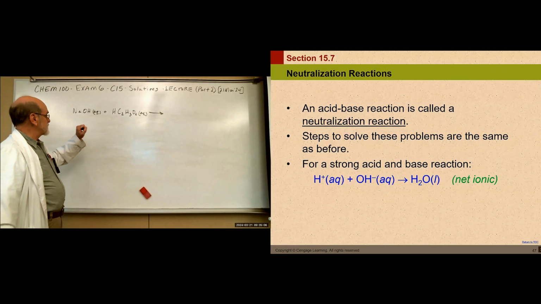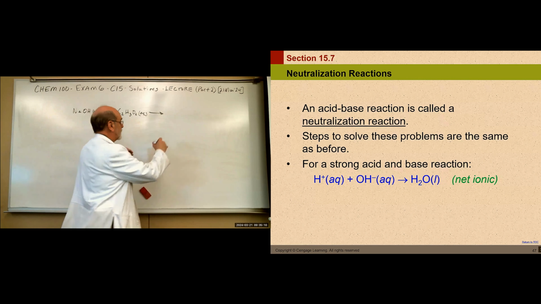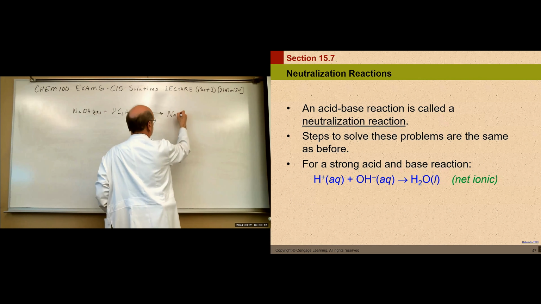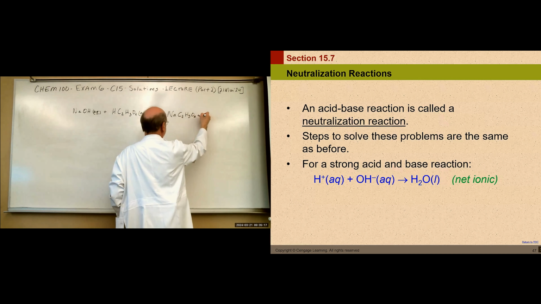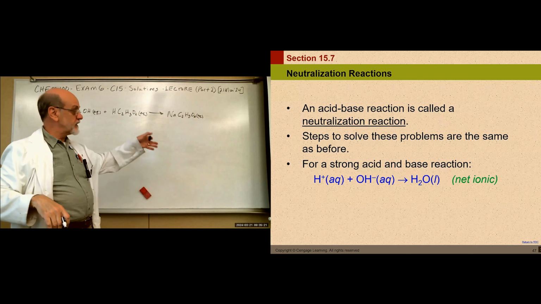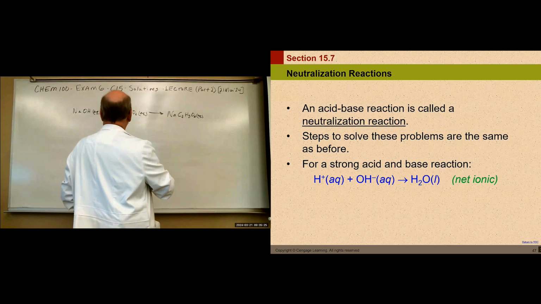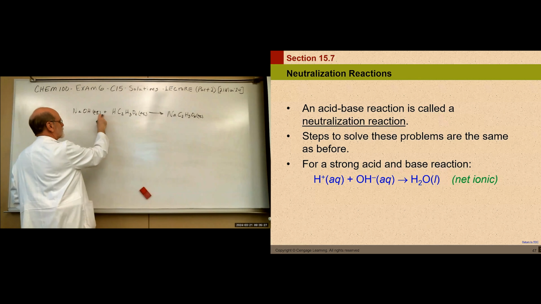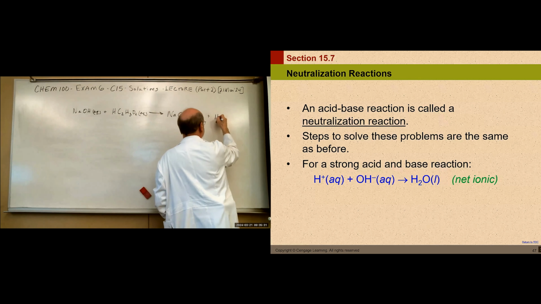Well, double replacement says that sodium, the cation, goes with the anion. And we look that up in our solubility chart and find that that is soluble. All sodium salts are soluble. What's left over? Well, we have a hydrogen and a hydroxyl, which means we have water.